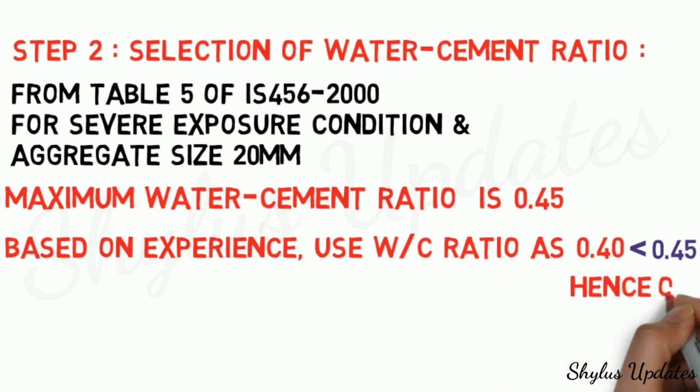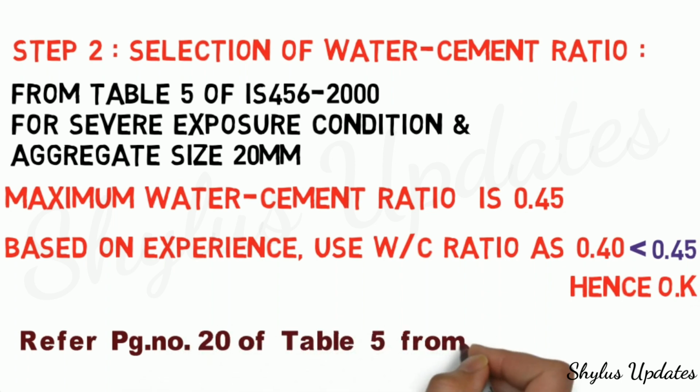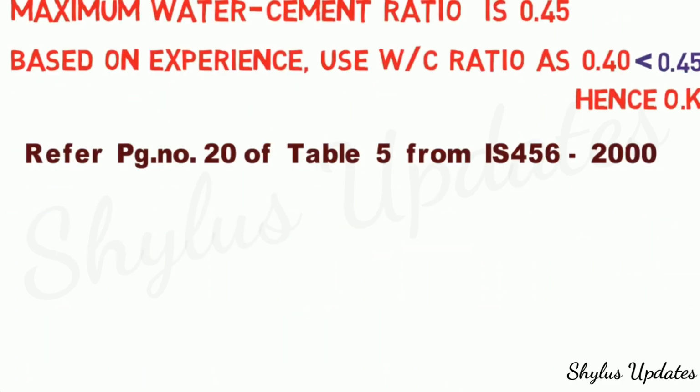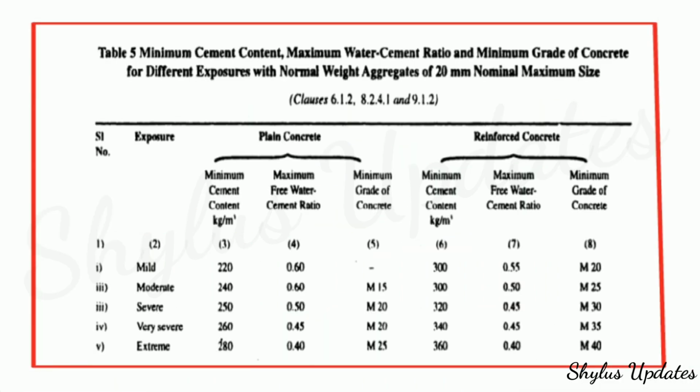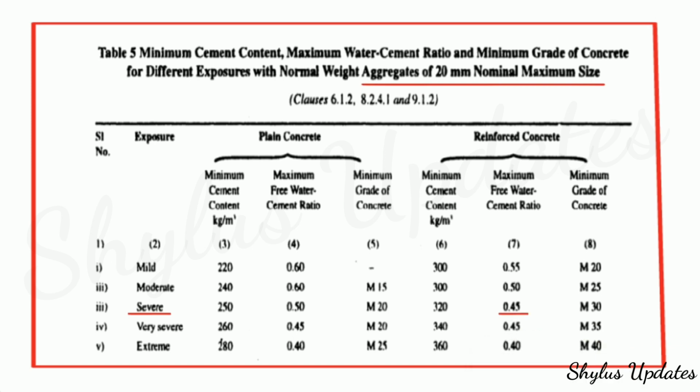Hence, OK. Now refer page number 20, Table 5 of IS 456-2000. In this code book, you can see for severe exposure condition and for aggregates of 20 mm nominal maximum size, the maximum free water cement ratio is 0.45. This is how we have to take the value of water cement ratio.